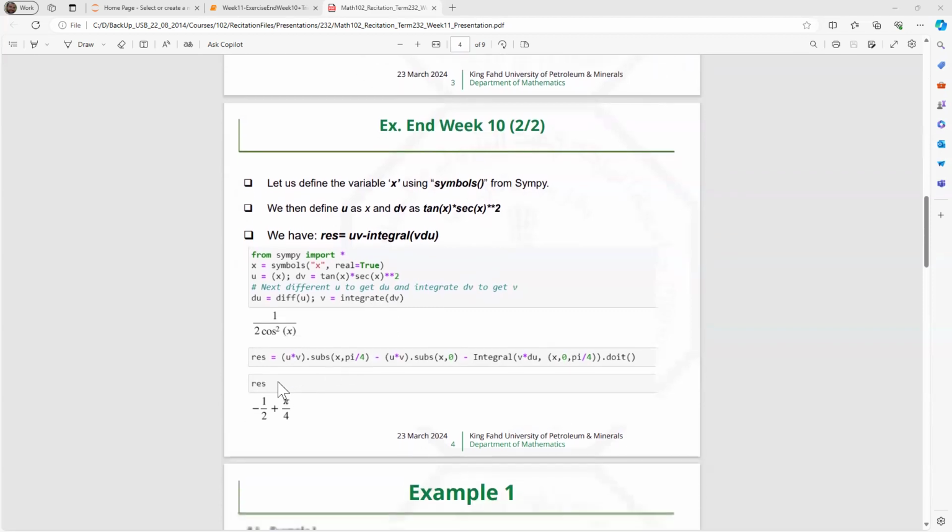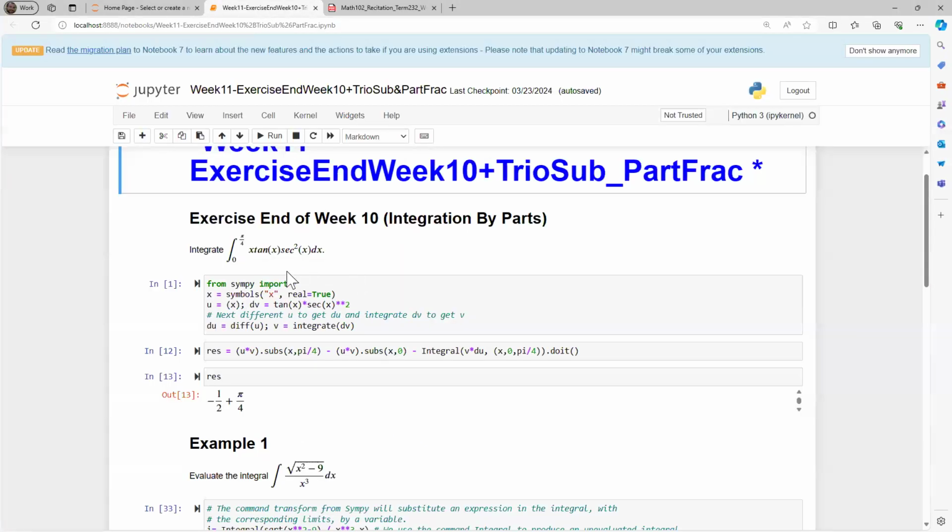Our result using directly integration by parts would be just uv evaluated at pi over 4 minus uv evaluated at 0 minus the integral of v du from 0 to pi over 4. You can force the execution here using the doit command, and this is what we should get, minus half plus pi over 4. If you go to the Jupyter notebook file, it's much more clear.